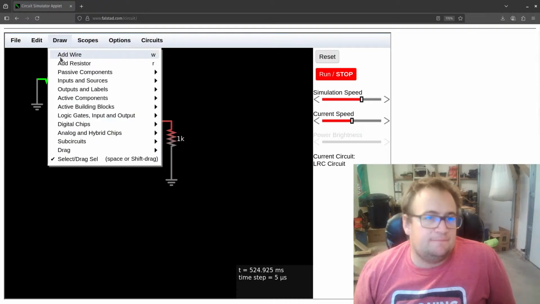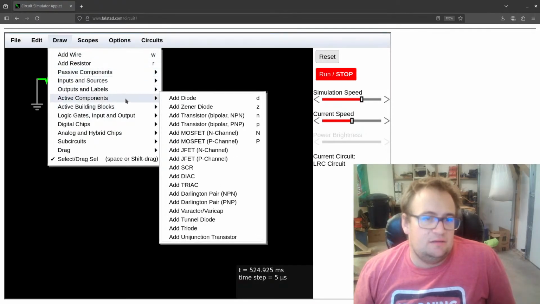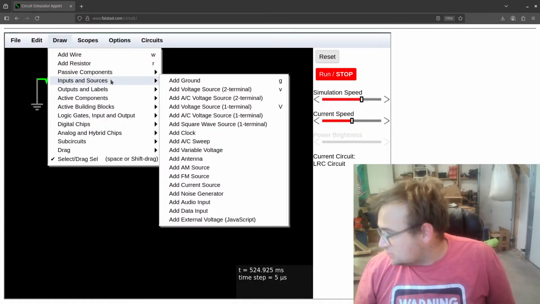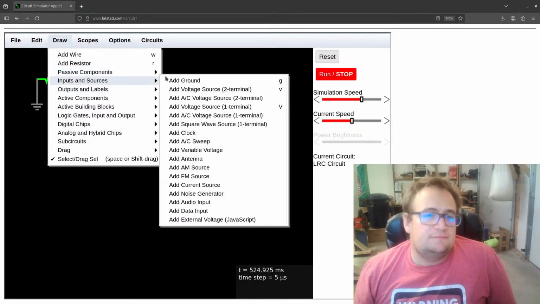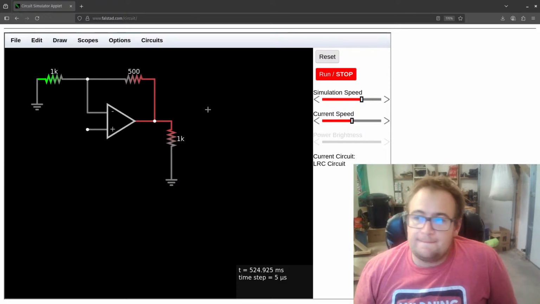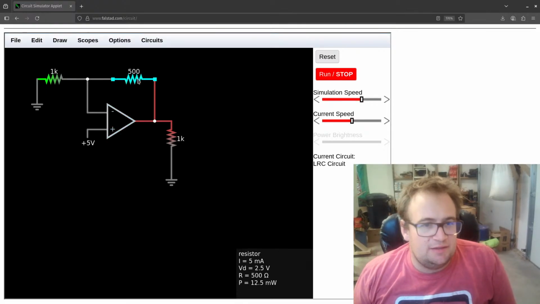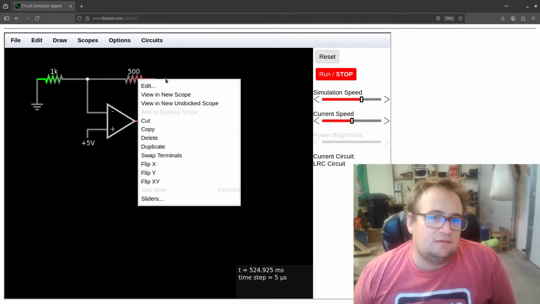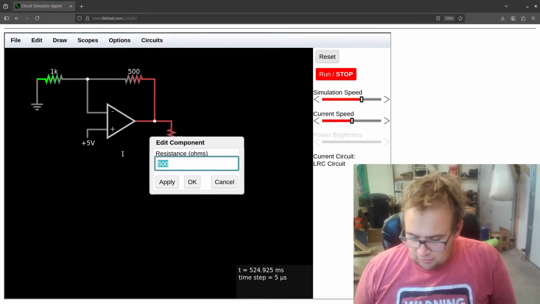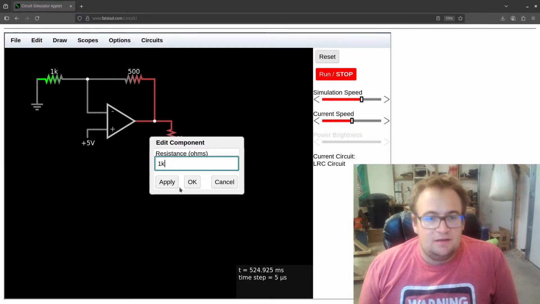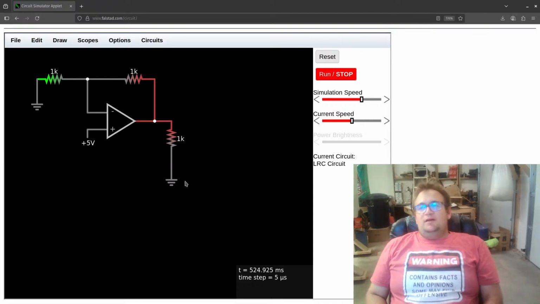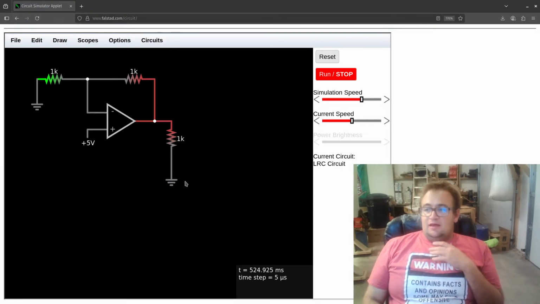And then add inputs and sources. Add voltage source, and add it right there. So now I'm just going to change this to 1K, edit. I'm doing that just because I know that 1K is always nice and good math.